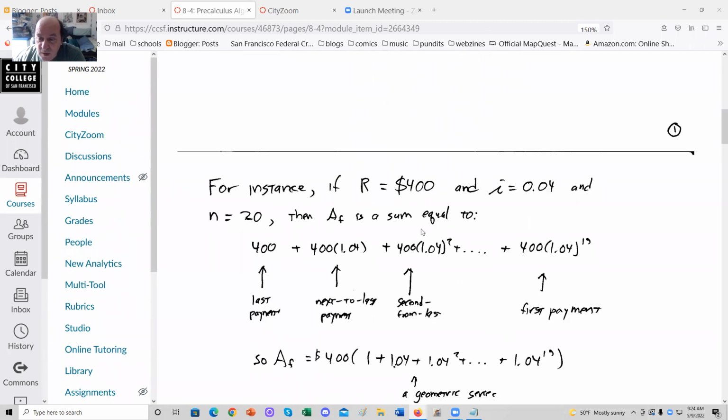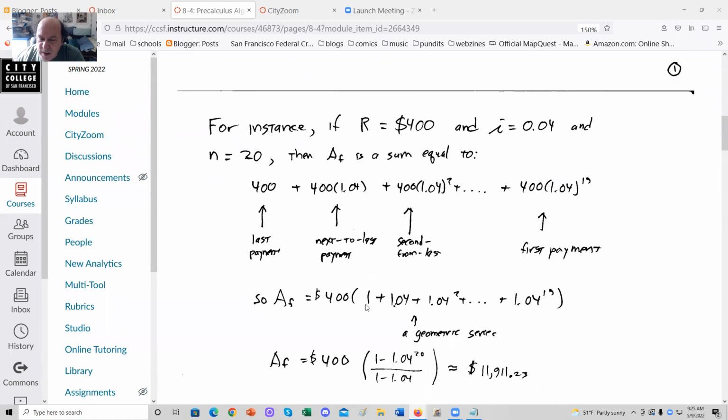For example, here's $400 being paid regularly at a 0.04 interest rate per period for 20 periods. Then A future is a sum: 400 is the last payment, 400 times 1.04 for the next to the last because it went through a compound interest period, 400 times 1.04 squared for the second to the last because it went through 2 compound interest periods, and so on all the way up to 400 times 1.04 to the 19th, because this is 20 periods, but it's the 0th power here, so 20 minus 1.